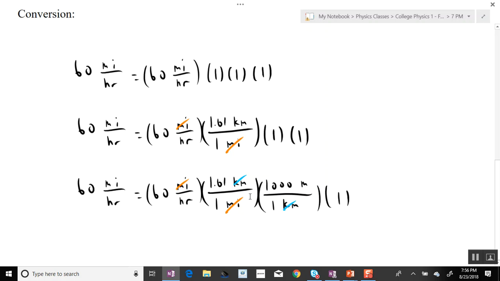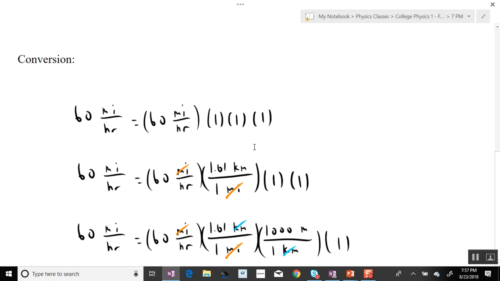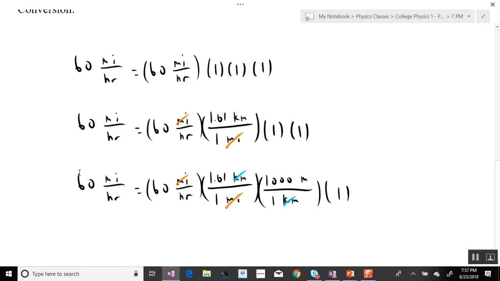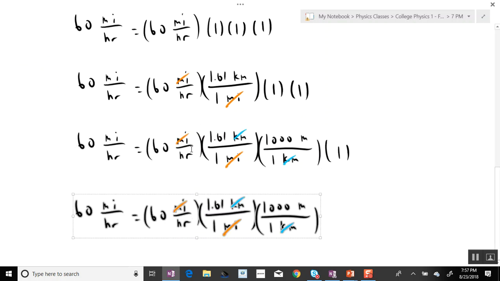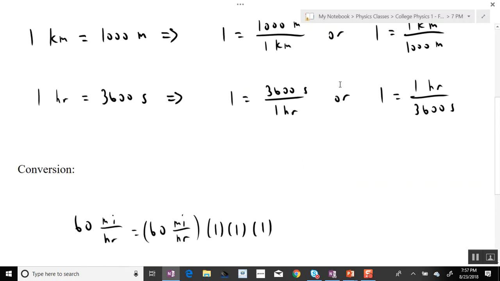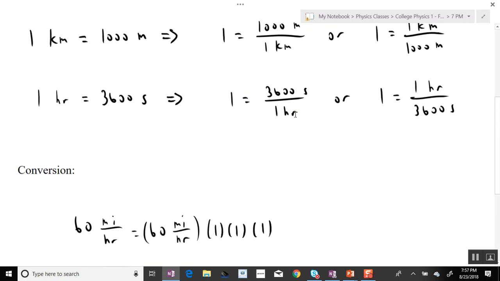Now I want to get rid of the hour in terms of seconds, but the hour's in the denominator. Hold on, I got to copy this. I keep on forgetting. Okay, so the hours is in the denominator. So which version do I use? Do I use this one or that one? Second one, right? This one?